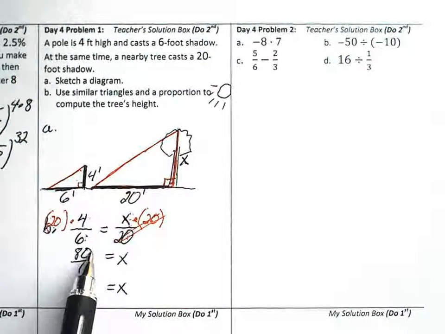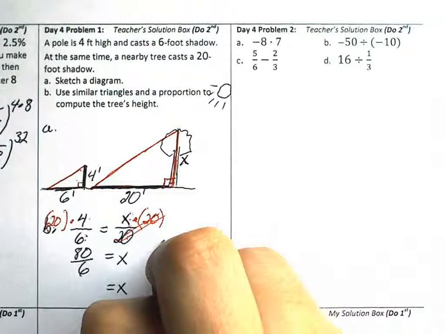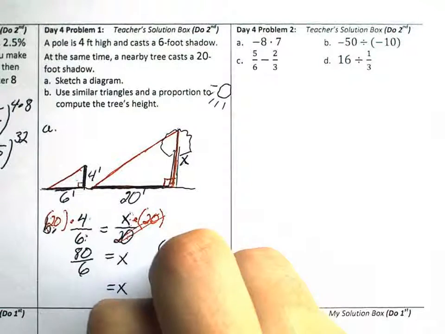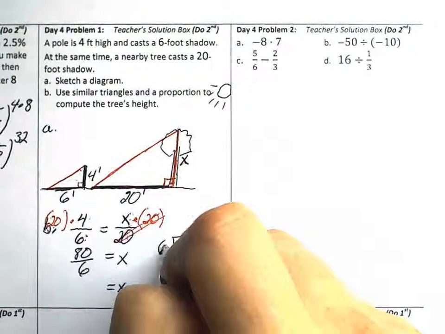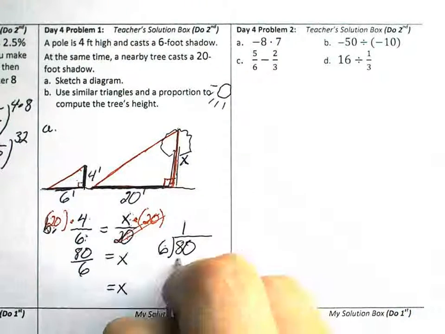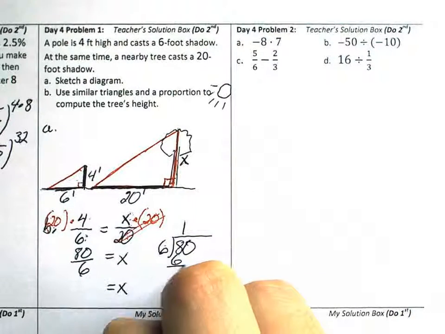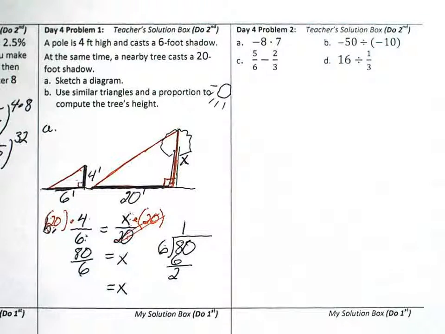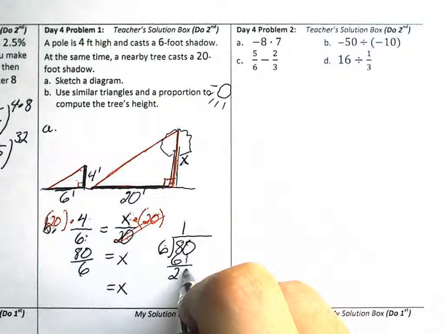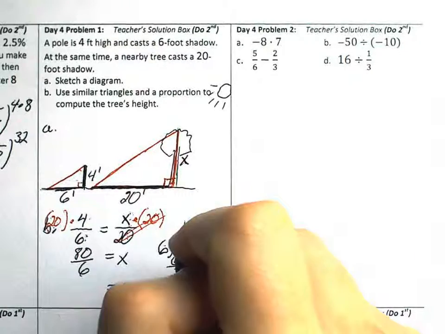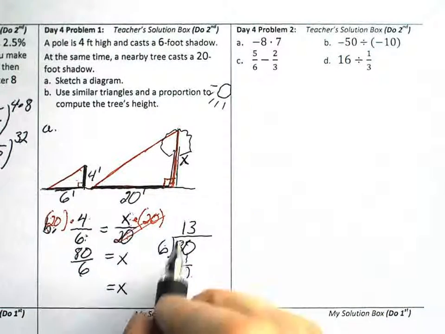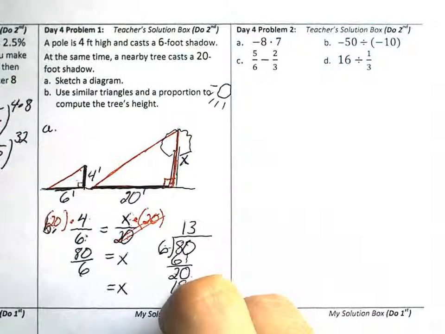Let's figure this out. 80 divided by 6. So maybe some long division. 6 divides into 80. 6 divides into 8 once, and 1 times 6 is 6. And subtract. Now bring down this next digit to create 20. 6 divides into 20 3 times. 3 times 6 is 18.